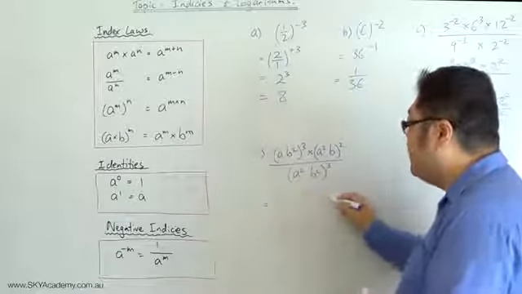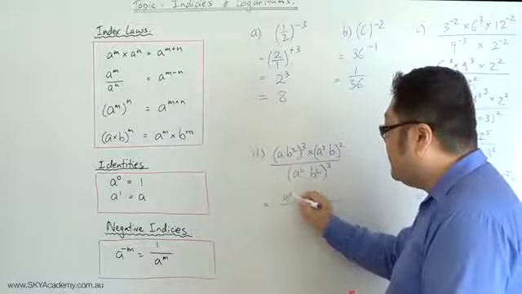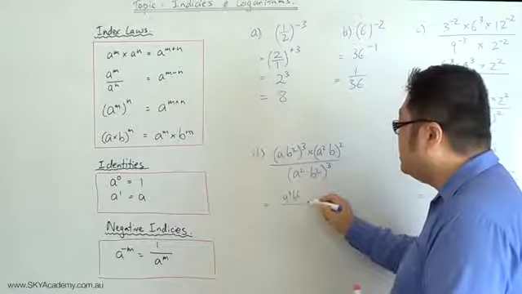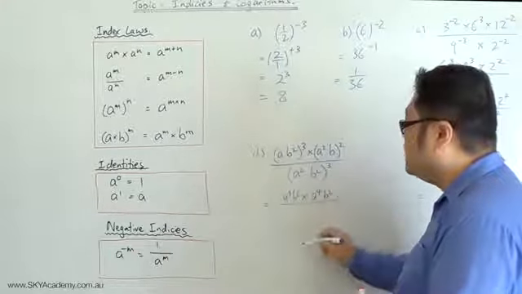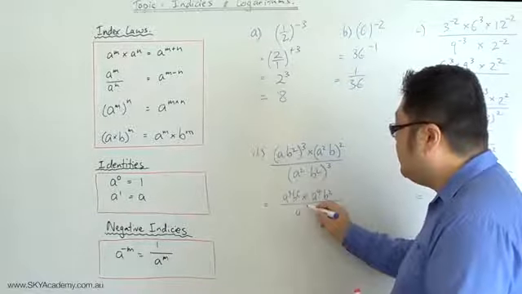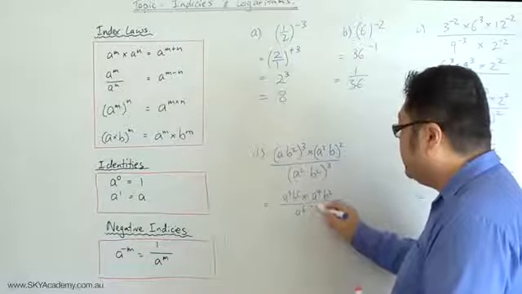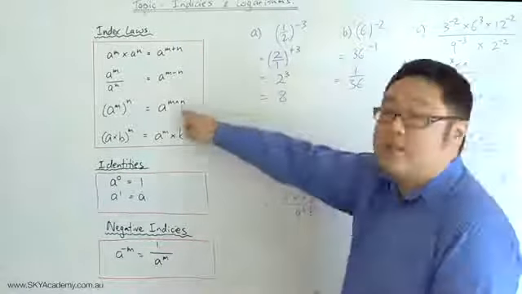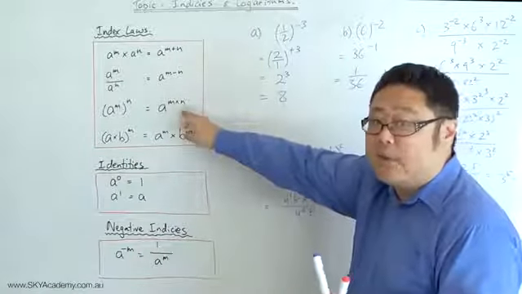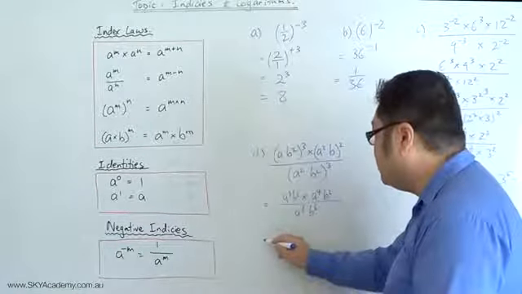And what you have is a to the power of 3 b to the power of 6 times a to the power of 4 b to the power of 2 all over a to the power of 6 times b to the power of 6. Okay, and we did that by using this index law here. Okay, all right.